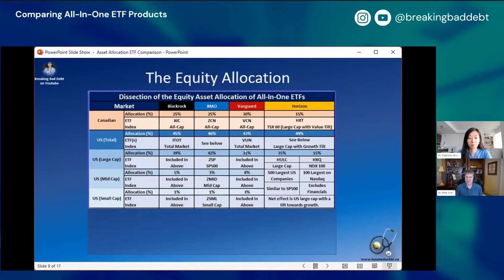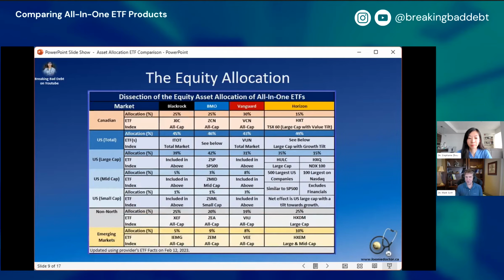And again, the main difference I would point out here is that the Vanguard has slightly more small cap, which we talked about, or mid cap, and the Horizon products again are large cap based, so they don't have that small cap exposure, and that holds true with their exposure outside of Canada as well and outside of North America. So the Horizon version has large cap, whereas the other versions are all cap.